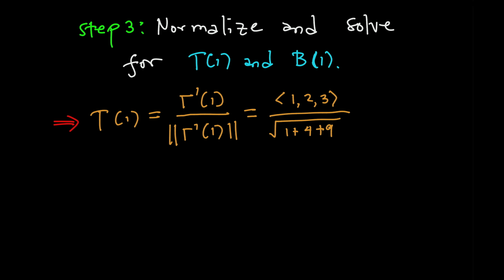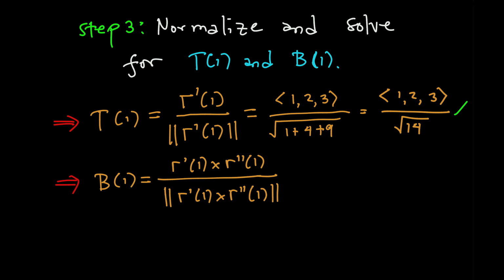That is the vector 1, 2, 3 divided by its magnitude, the square root of the sum of squares of each input. This simplifies to the square root of 14. For the unit binormal vector, we take the normalized value of the cross product in step 2. That is this cross product divided by its magnitude.